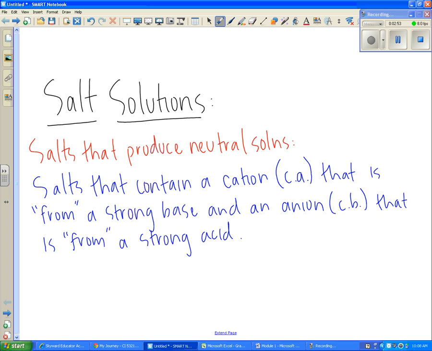Potassium hydroxide, metals, and often group 1 metals. So the cations that we're going to see, if they're from strong bases, are going to be metal cations. Often we will see group 1 metal ions.